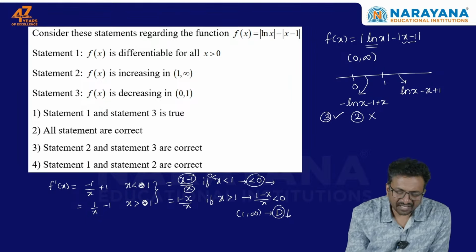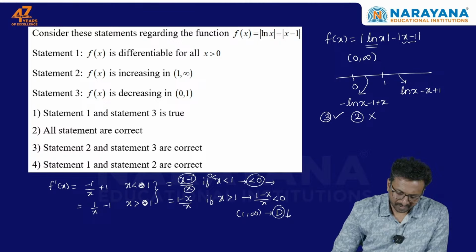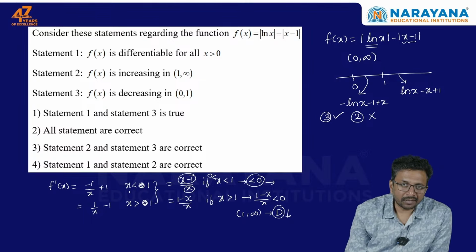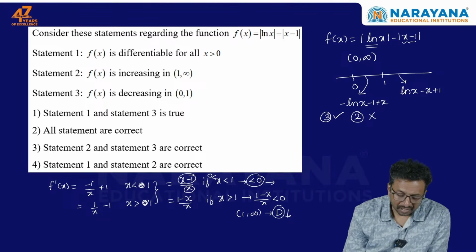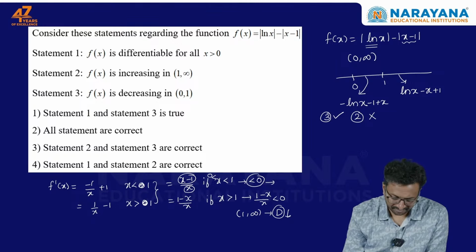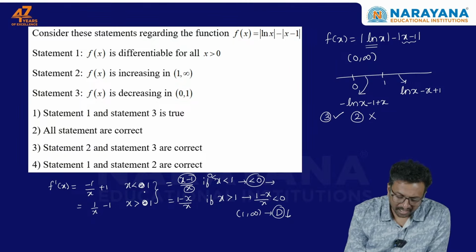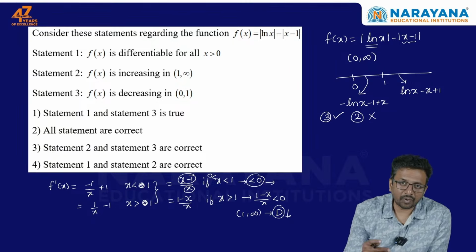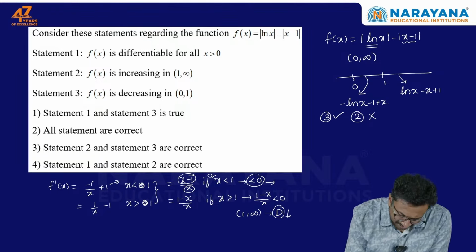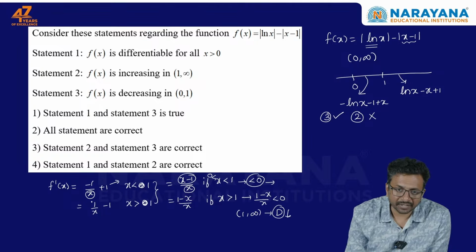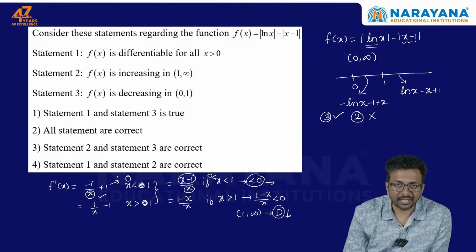Now, f of x is differentiable for all x greater than 0. Between 0 to 1, the function is nicely differentiable. After 1 also the function is nicely differentiable, and the derivative is negative. So at x equal to 1, let us check the left differentiation and the right differentiation. The left differentiation at x equal to 1, if you substitute x equal to 1 in the derivative, gives 0.